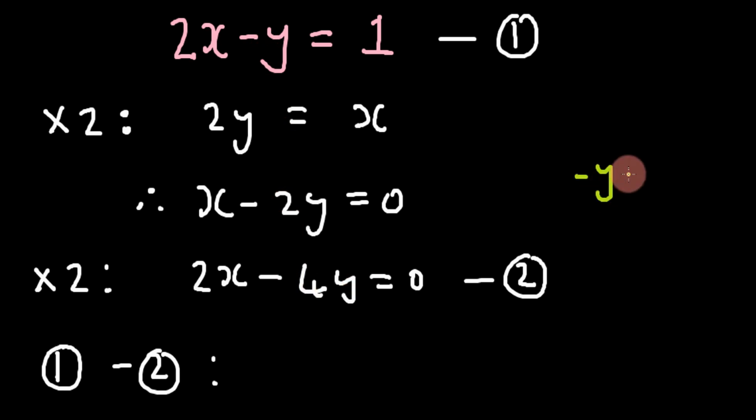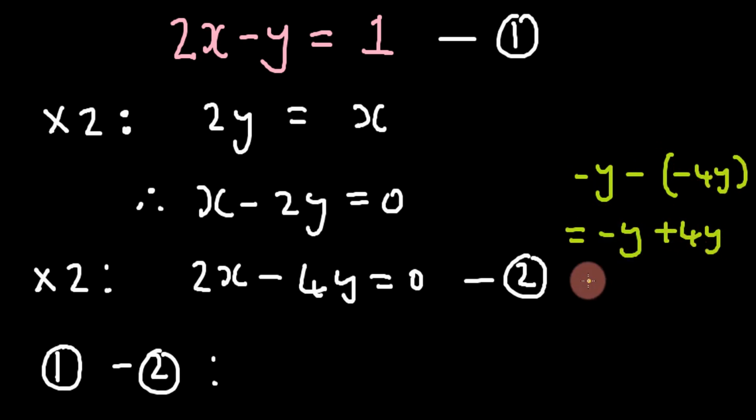So negative y minus negative 4y is negative y plus 4y. And this, of course, is 3y. So we have 3y left on the left-hand side when we subtract these two equations. Then 1 minus 0 will give us 1.